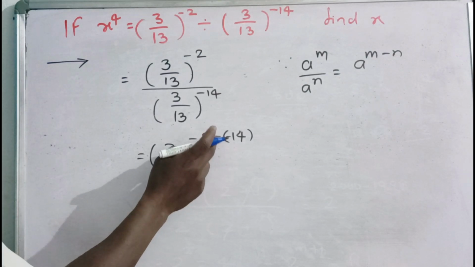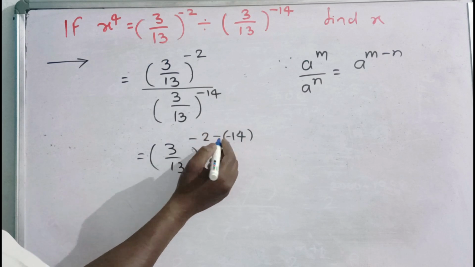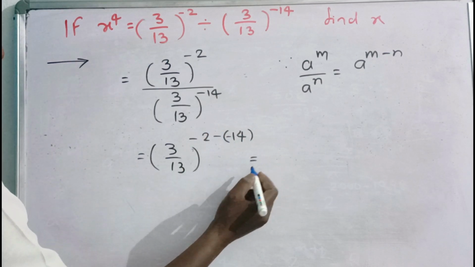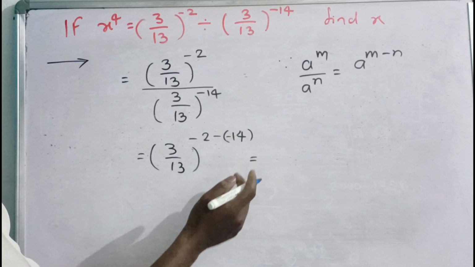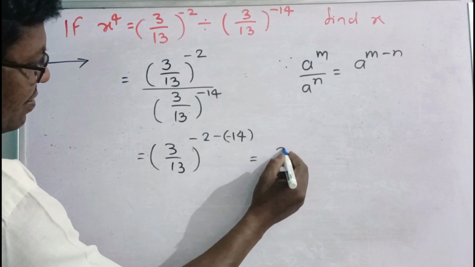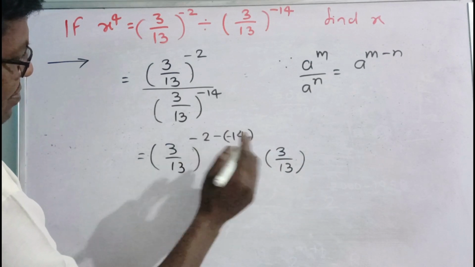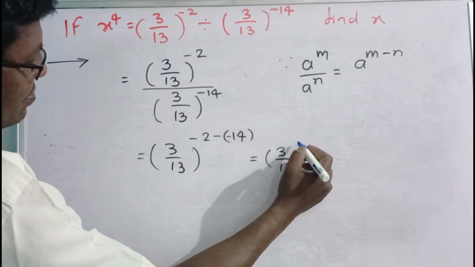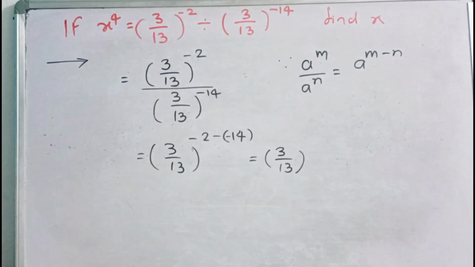This minus minus becomes plus, multiplication side, same sign, always plus. 3 by 13 raised to the power how much?